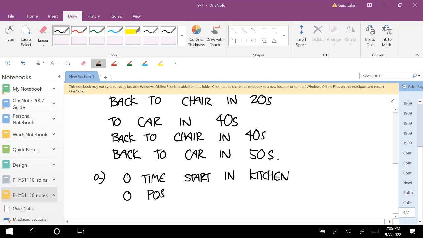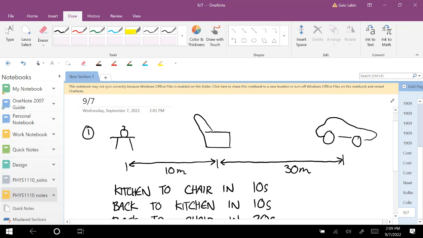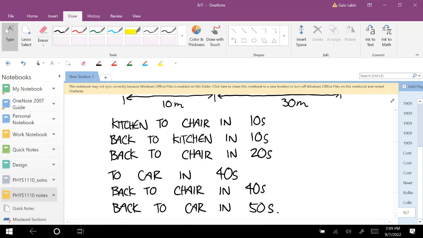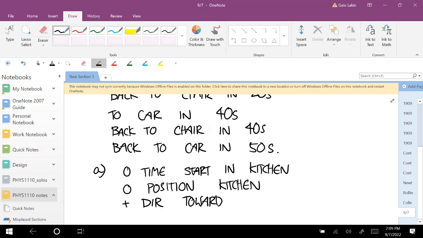The zero position we'll start with in the kitchen. And the positive direction will be from the kitchen toward the chair and the car. Those are all in one direction. My house is just one long line. Not really, but. So let's say toward the car. Okay.